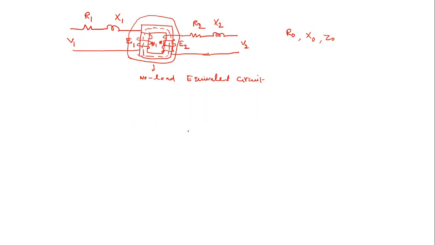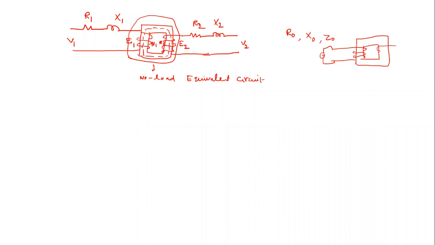So how do we get this? If you understand the no load operation of the transformer, you will get those things. Under no load, we have certain parameters. What are those parameters? Let us say you have a transformer connected to the AC supply.